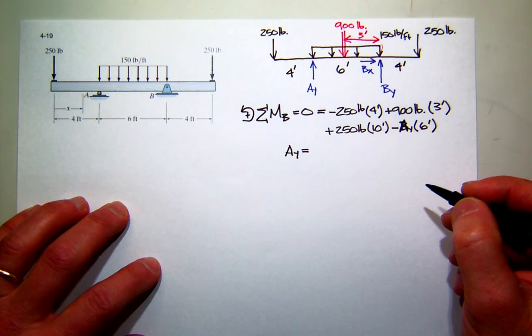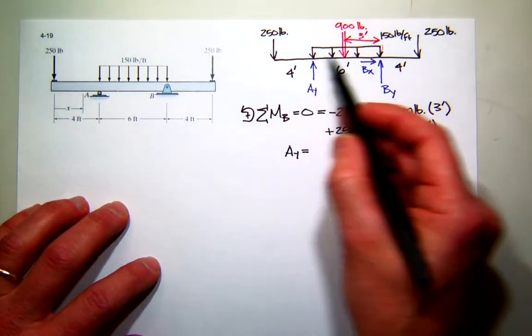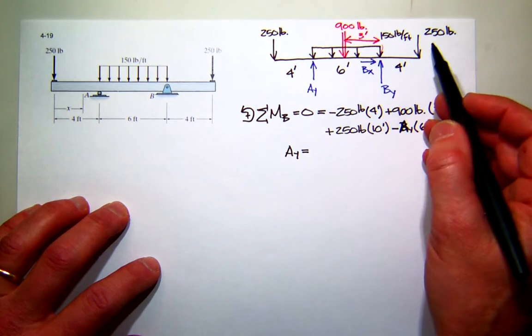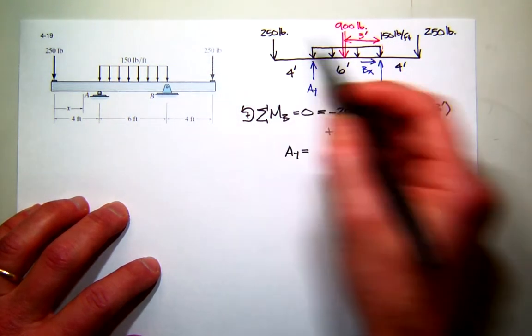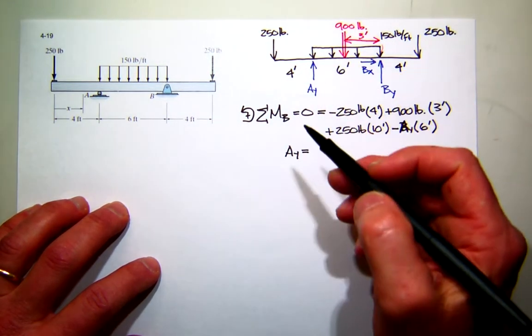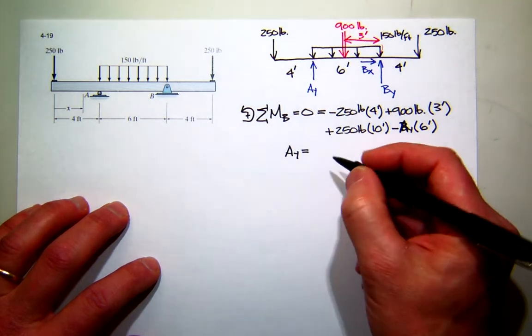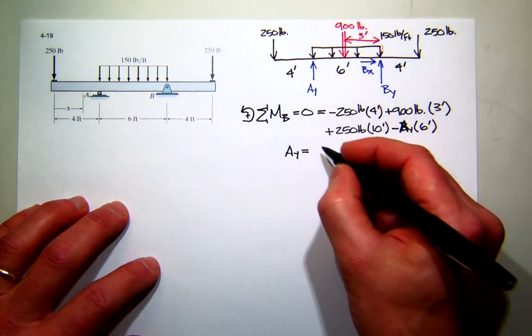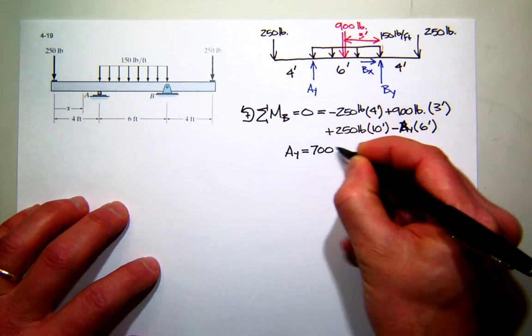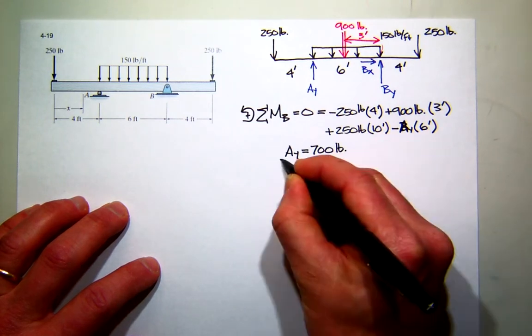Can you do symmetry on that one? Yeah, you should expect it. The geometry is symmetric, the loading is symmetric, so if you add everything up, 500 plus 900 is 1400, half should go to each. So what is that, 700? And I got positive, so it is up.